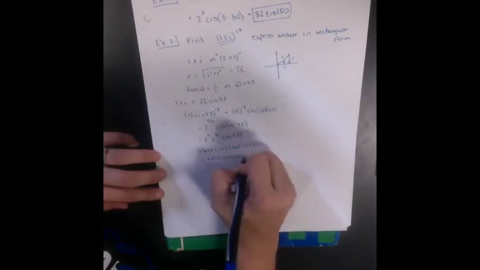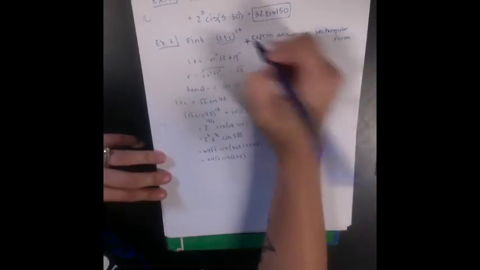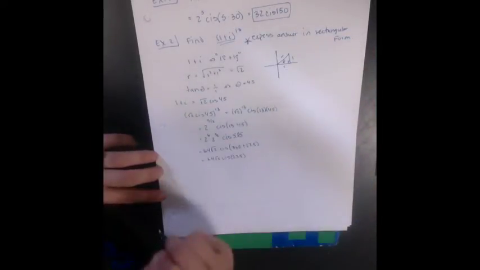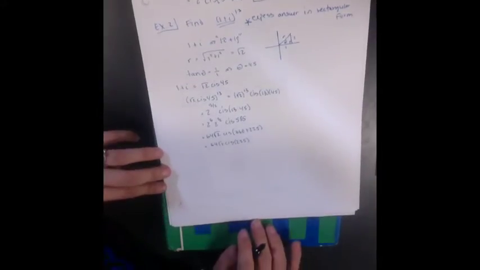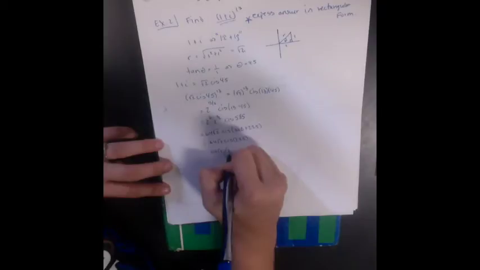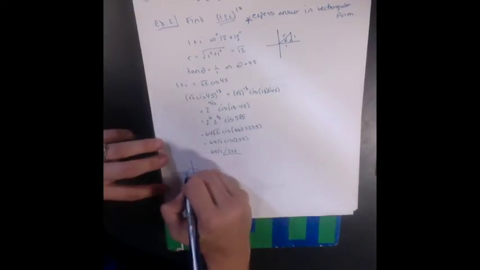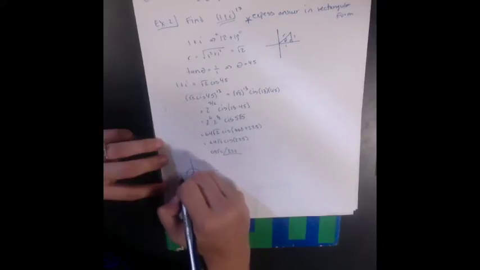Now it says express your answer in rectangular form, so we need to convert this back to rectangular form. This is 64 root 2, 225, and we can draw our graph. We know 225 is over here.